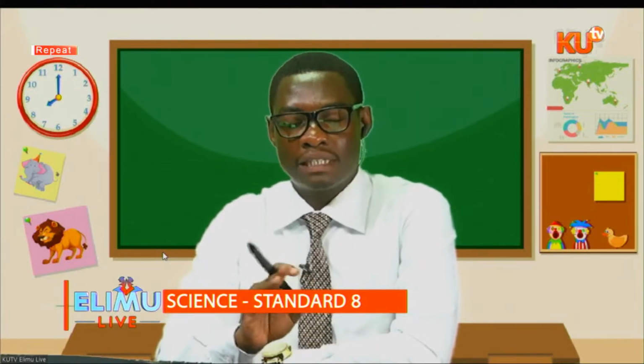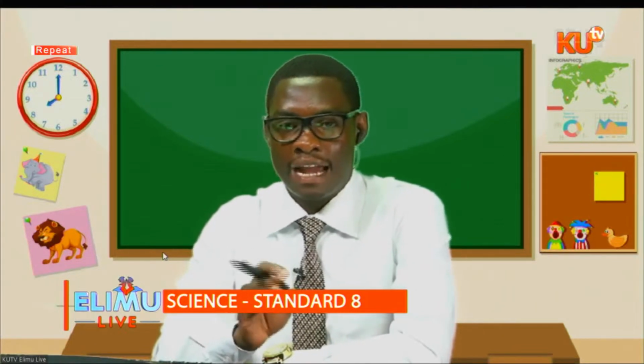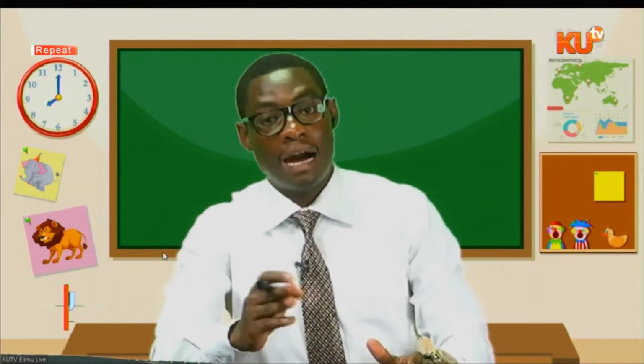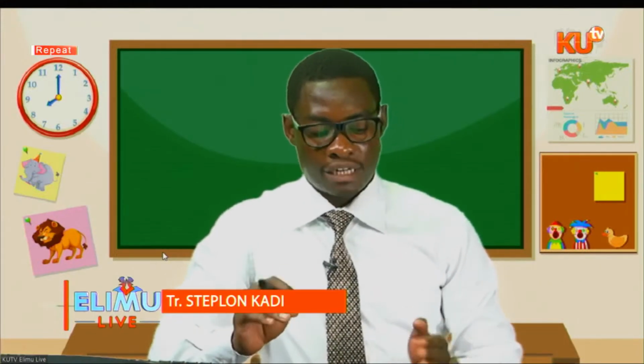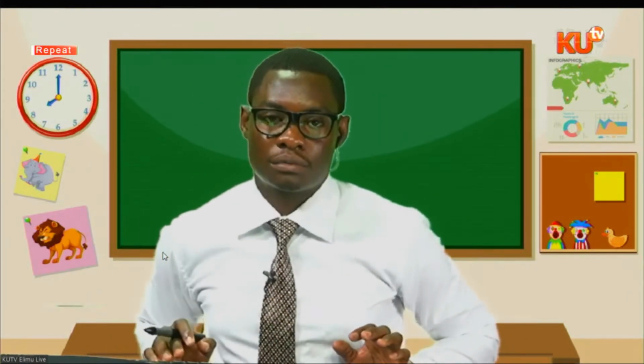Apart from an anemometer, we also have a hygrometer. A hygrometer uses human hair and measures humidity. We also have a sunshine recorder, which is used to measure the intensity of sunshine. And then we have the last, which is a barometer, used to measure air pressure. But remember, these weather instruments are not examinable as such, because in your syllabus you don't talk about them.